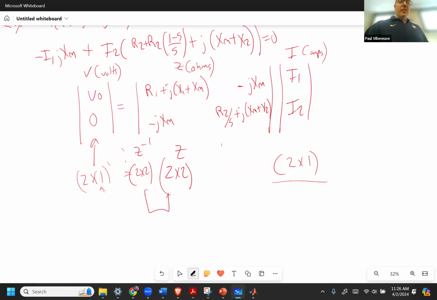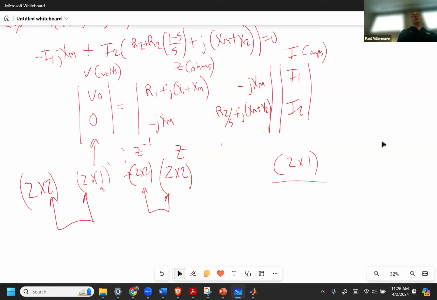I'm good over here still. I was okay over here. Now let's check on the other side. So I'm pre-multiplying. Do these two match? A 2 and a 2 are the same. And the resulting matrix of multiplying those two will give me a 2 by 1. So the inner dimensions have to match, and then the corresponding output matrix has to be equal to the outer two ones.